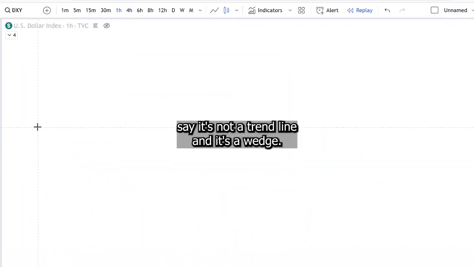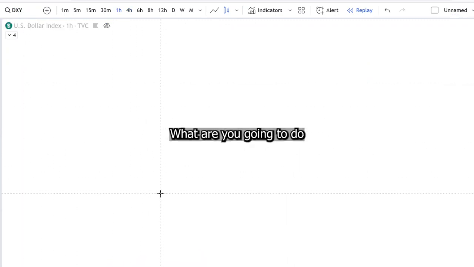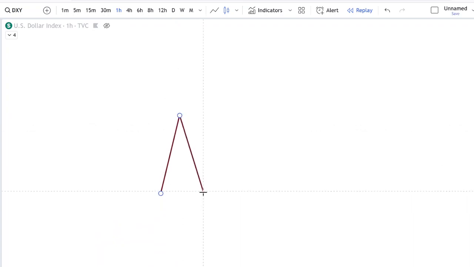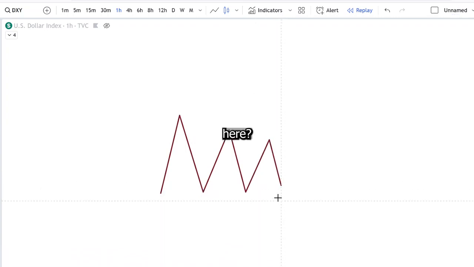So let's say it's not a trend line and it's a wedge. What are you going to do? Here you have your wedge.